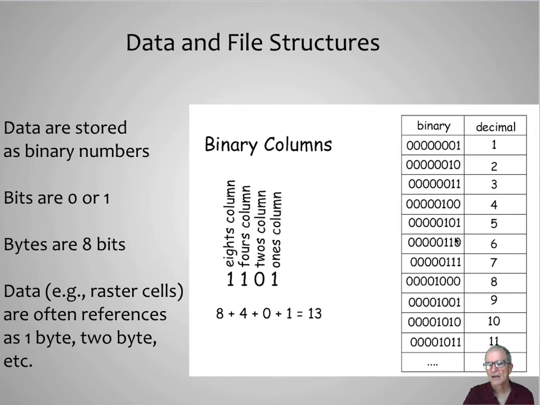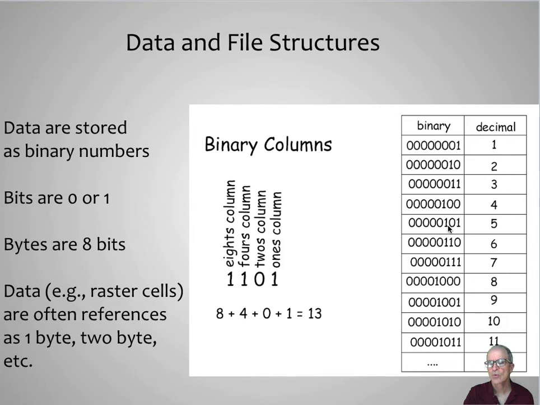It's like going down our set of columns. The number 1 is basically 1 in the ones column and 0 anything else. The number 2 is 1 in the twos column and 0 anything else. The number 4 is 1 in the fours column and nothing else.